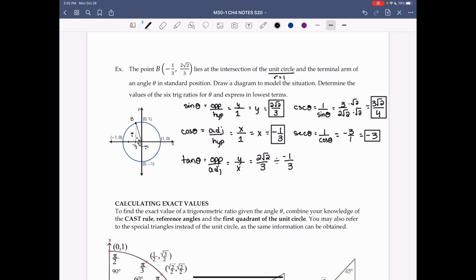When we divide by fractions, we multiply by the reciprocal, so we get 2 root 2 over 3 times 3 over negative 1. These divide out, we get 2 root 2 over negative 1, which is just negative 2 root 2.